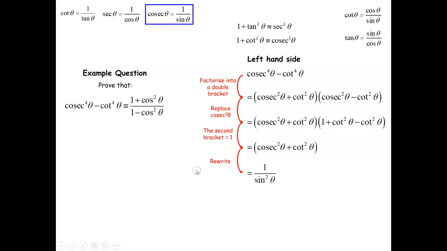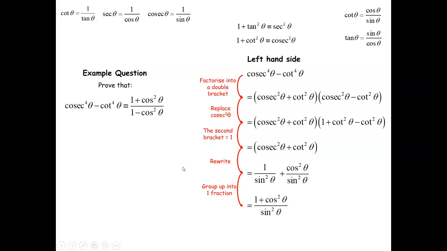Now I can rewrite cosec squared theta as 1 over sine squared theta. And I can rewrite cot squared theta as cos squared theta over sine squared theta. The reason I'm doing this is I can see I need cos squared thetas in the thing that I'm aiming for.